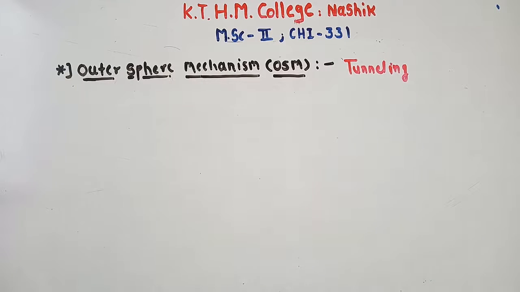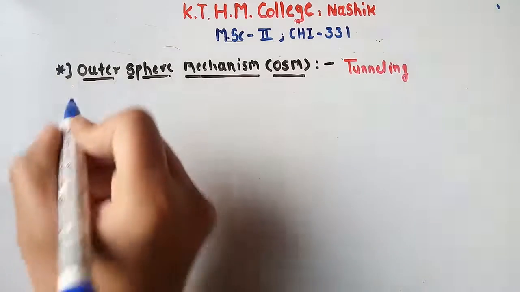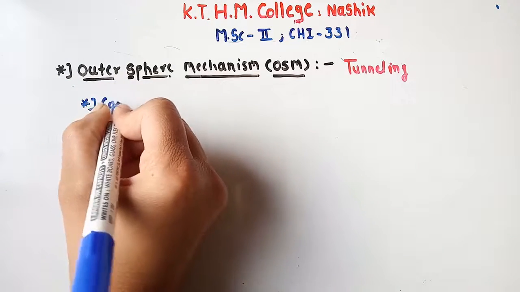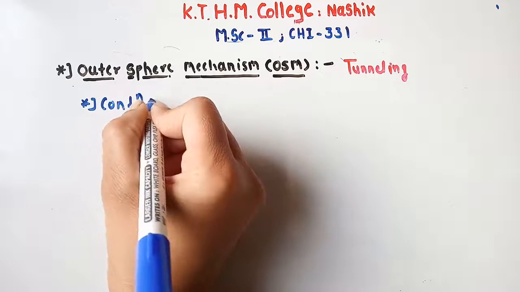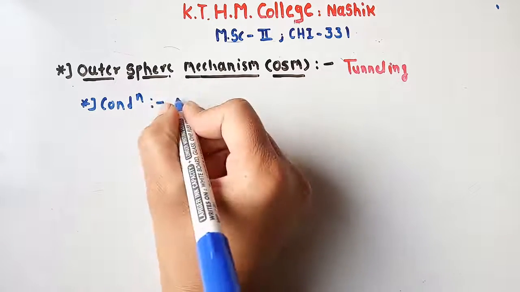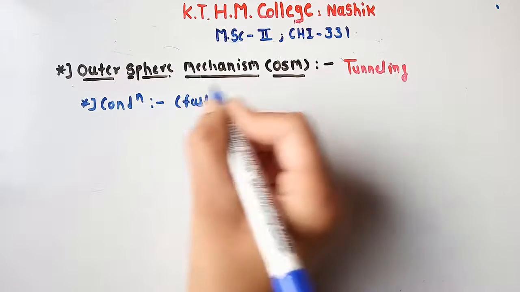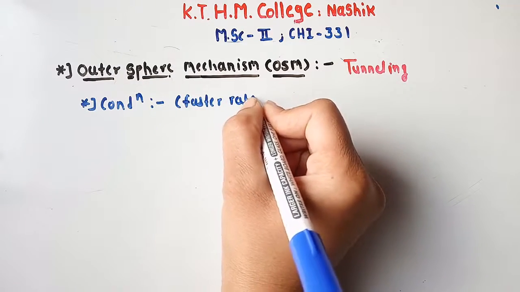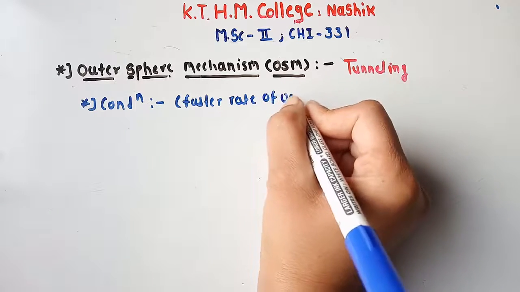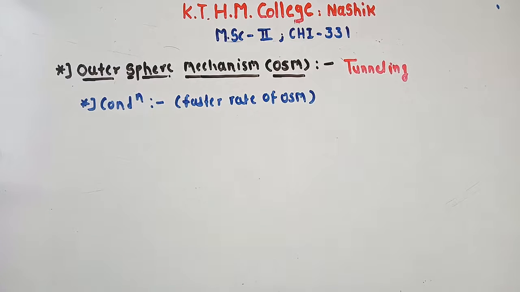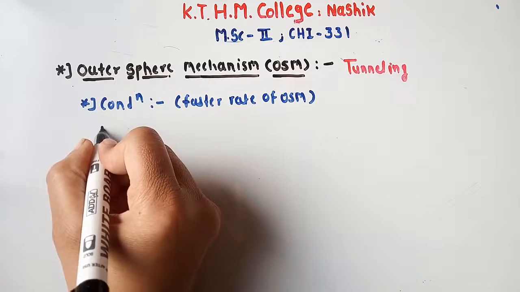First of all, let's see the conditions for the outer sphere mechanism, the conditions required for a faster rate of OSM. The first condition is that both complexes should be inert.